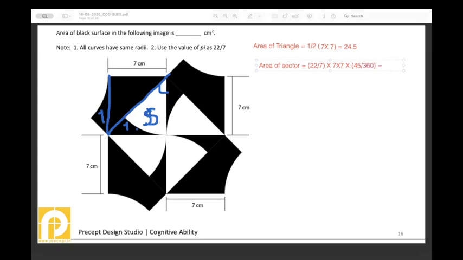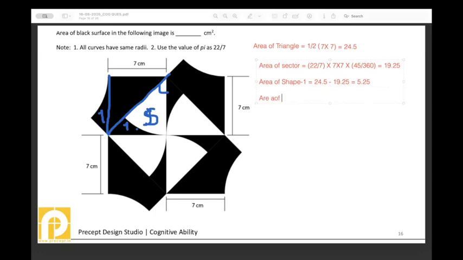When you solve this, the answer will come to 19.25. So area of shape 1 will be equal to area of the triangle, which is 24.5, minus area of the sector, which is 19.25, which is equal to 5.25, the area of shape 1.